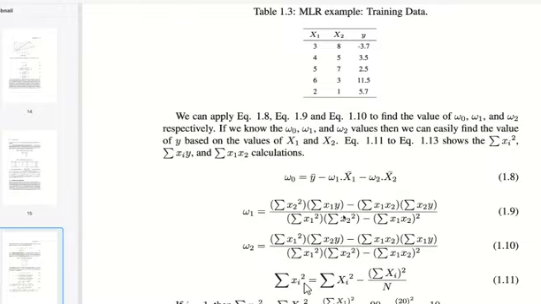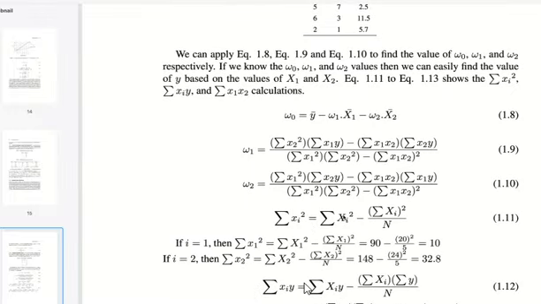Y bar, which is the average of y, minus slope 1 times x1 bar, which is the average of x1, minus slope 2 times x2 bar, which is the average of x2. Now to find the values of omega 1 and omega 2, you can use equations 1.9 and 1.10.